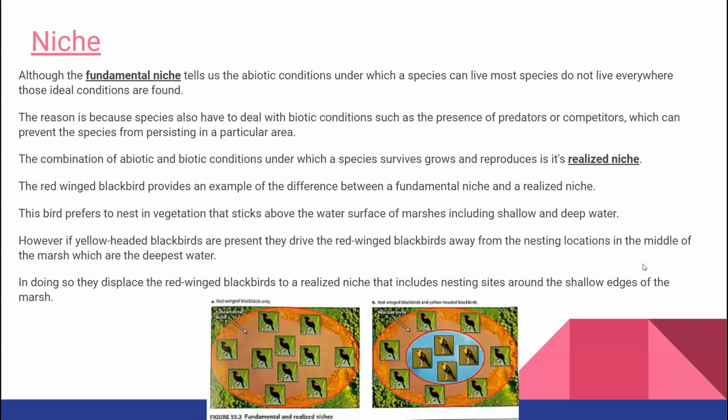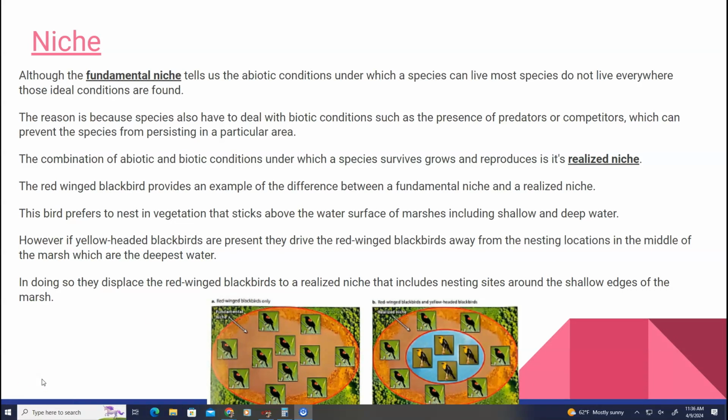So a fundamental niche, that is the abiotic conditions in which a species can live optimally. Most species do not live everywhere those ideal conditions are found, and that's because in some areas they are outcompeted for resources by other organisms that also want to occupy that niche.